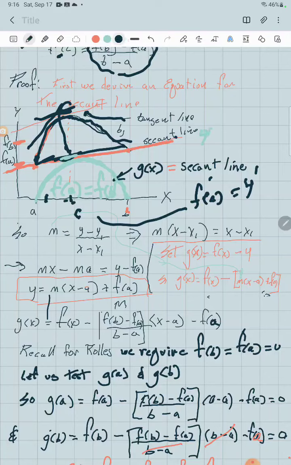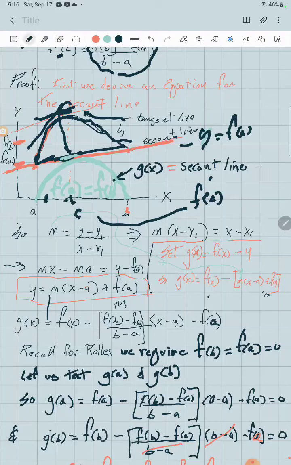Hold on. Let me try black. We can call this y equals f of x. And then that's the secant line. Let me do it like this better. Okay, what I'm saying is that then I'll go back to here.